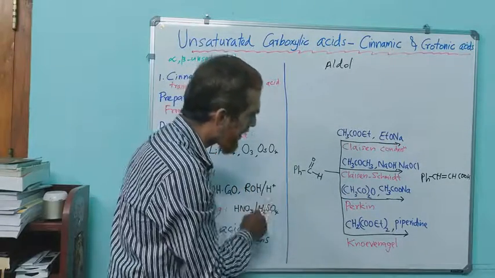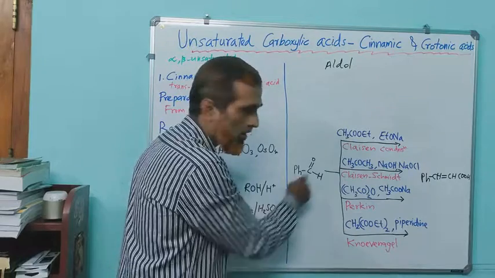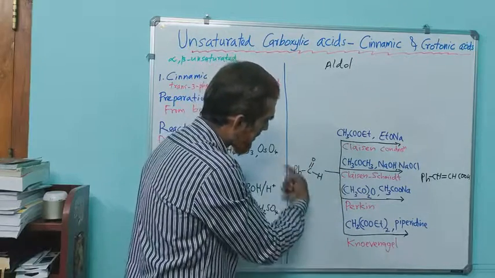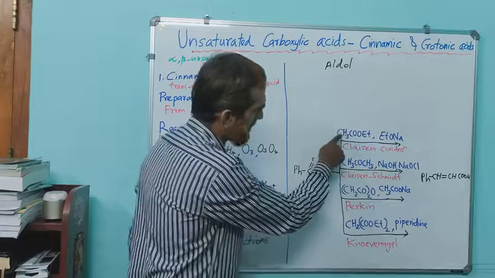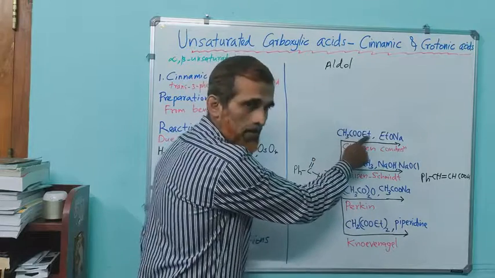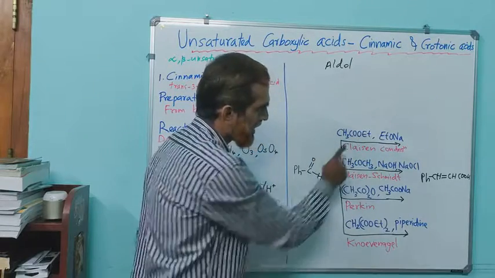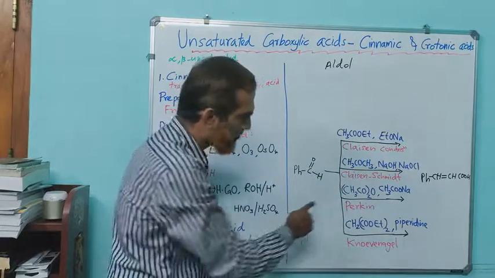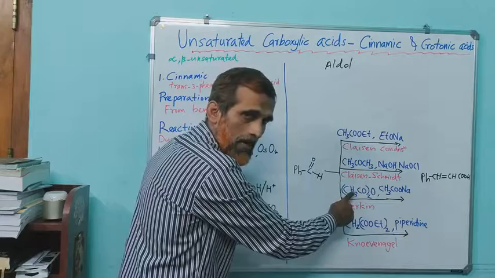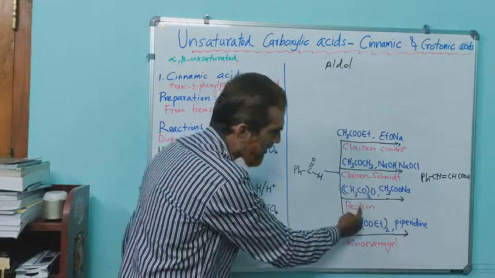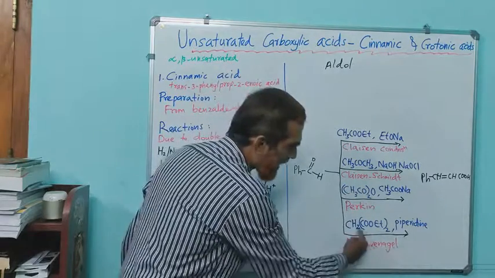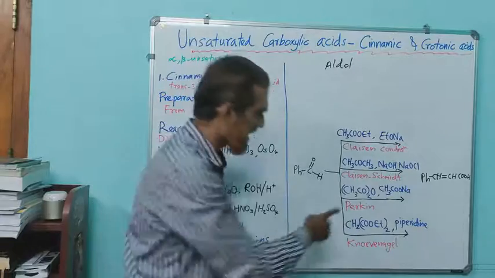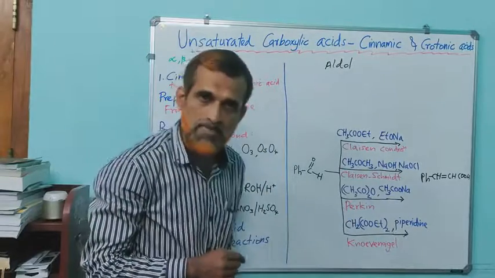That's why in all these reactions benzaldehyde is reacting with, see here it is ethyl acetate in Claisen, it is acetone in Claisen-Schmidt, this is acetic anhydride or acid anhydride in general in Perkin, and in Knoevenagel it is an active methylene compound, here it is ethyl malonate.